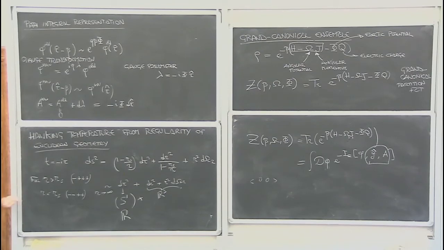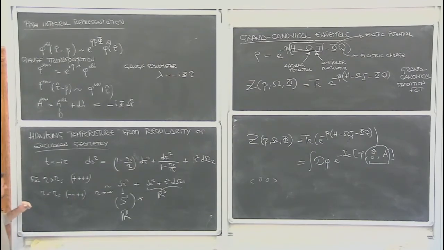So for R smaller than the Schwarzschild radius, I'm describing a different space-time. It has different signature. And so I should really consider it as a disconnected part of the space.